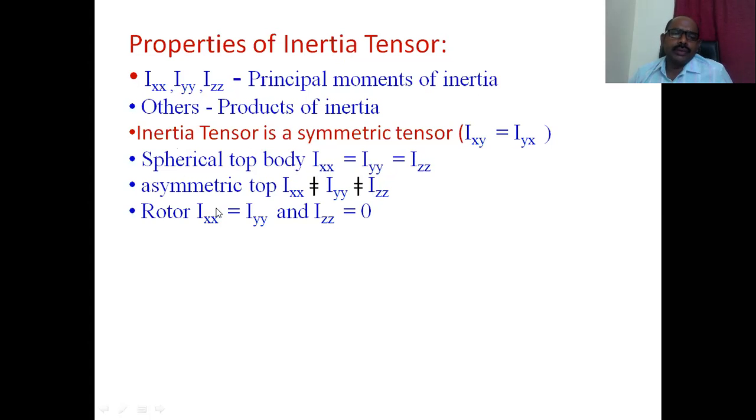And a body is said to be an asymmetric top whenever the principal moments of inertia are not equal, so Ixx not equal to Iyy, and that is not equal to Izz. Another case is a rotor. A rotating body is said to be a rotor.